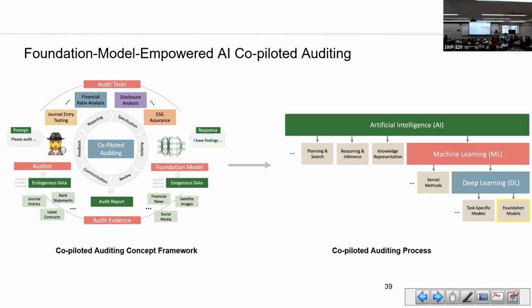And we already know that the foundation model is just a subset, a development of existing machine learning, existing deep learning. As I already introduced, I won't spend much time, but you know that it's like general AI. It can solve different tasks.